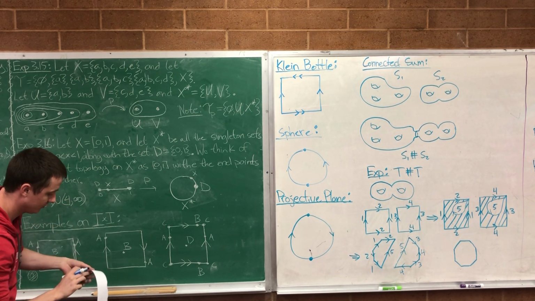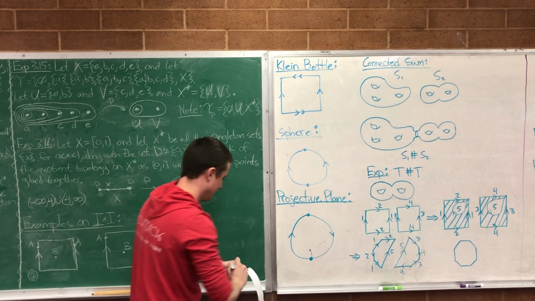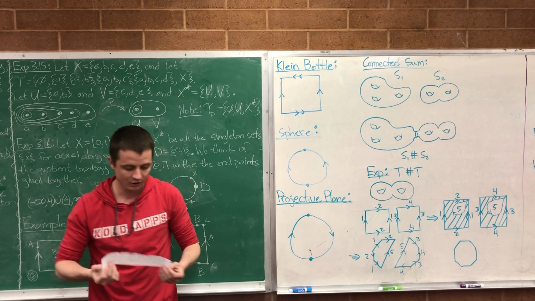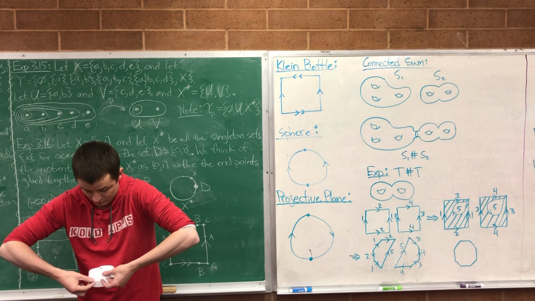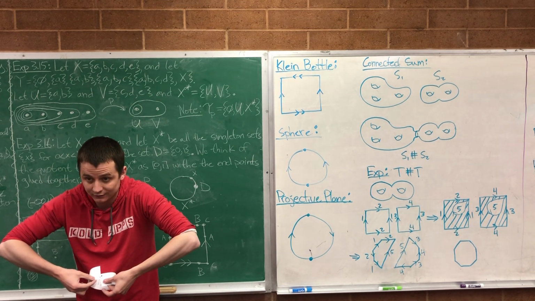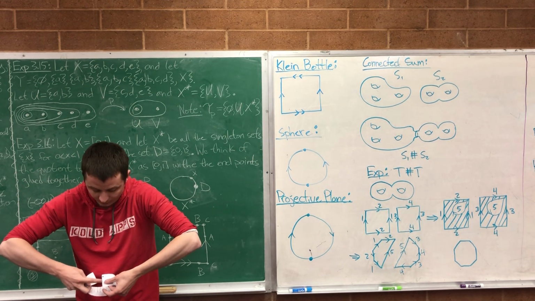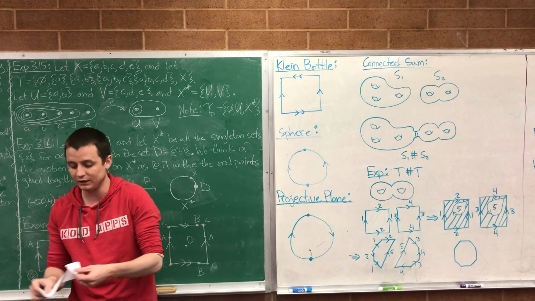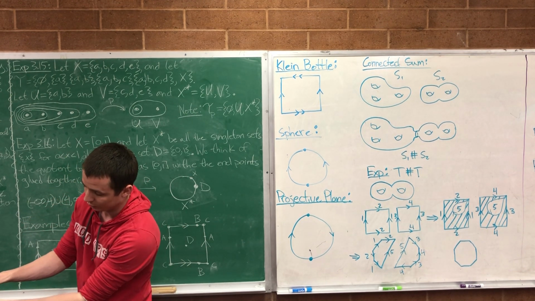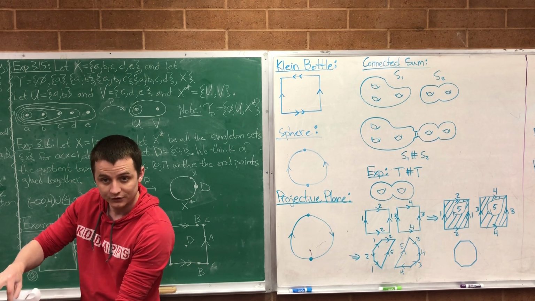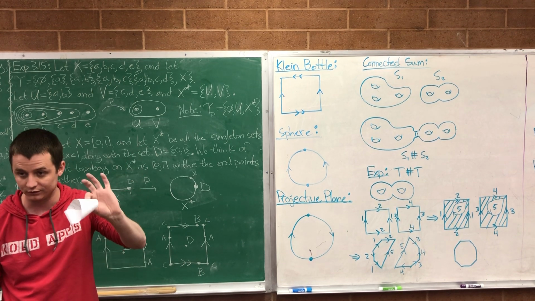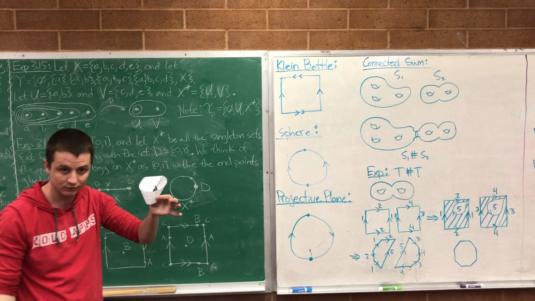Okay, so let me cap this now, and hopefully you can see it. Notice if I just try to touch them, it doesn't work. Then scoot it down. If I do it like this, okay, I map those two, but this one also needs to go to that one, etc. So I need to map them all together, so if I twist it first and then map it, now they're all going to line up. You see? And so it forces us to get what we call a Mobius band.